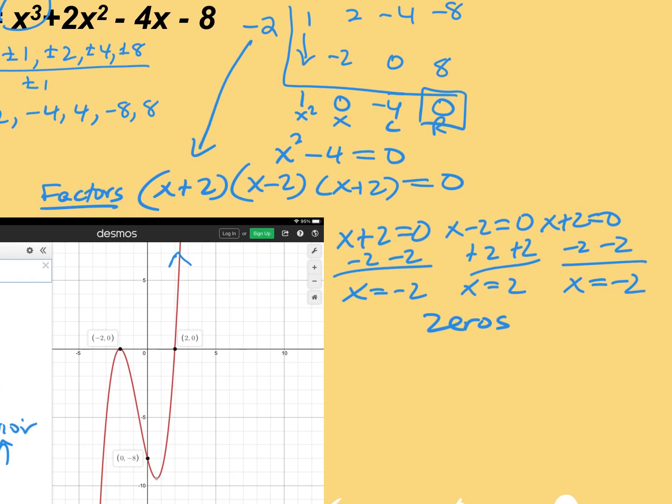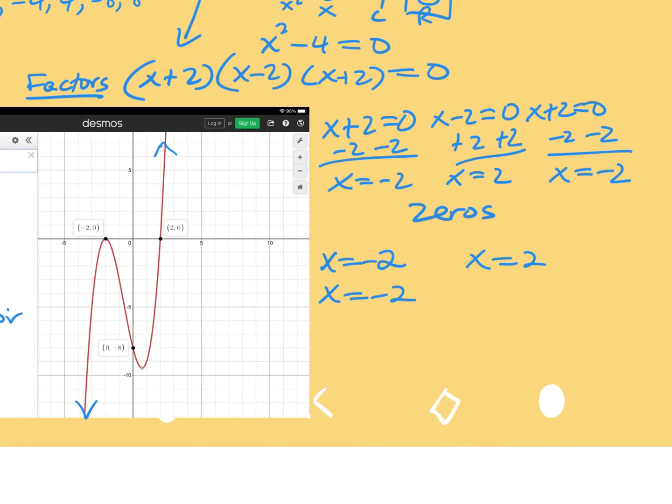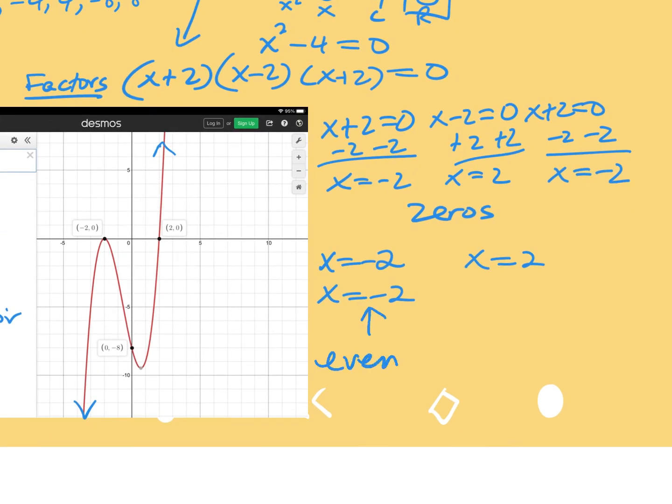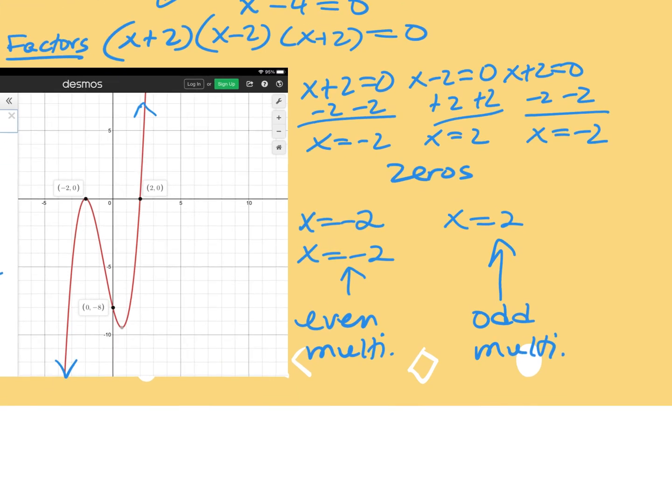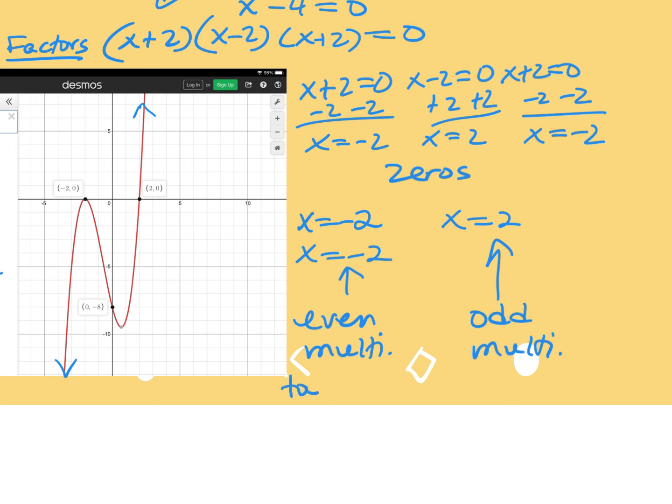However, notice that when x equals -2, there's 2 of them. This is an even multiplicity. This is an odd multiplicity because it occurs once. Remember, the even is the touch and turn. This one's going to cross the x-axis. So it's going to touch the x-axis and then it's going to turn away.